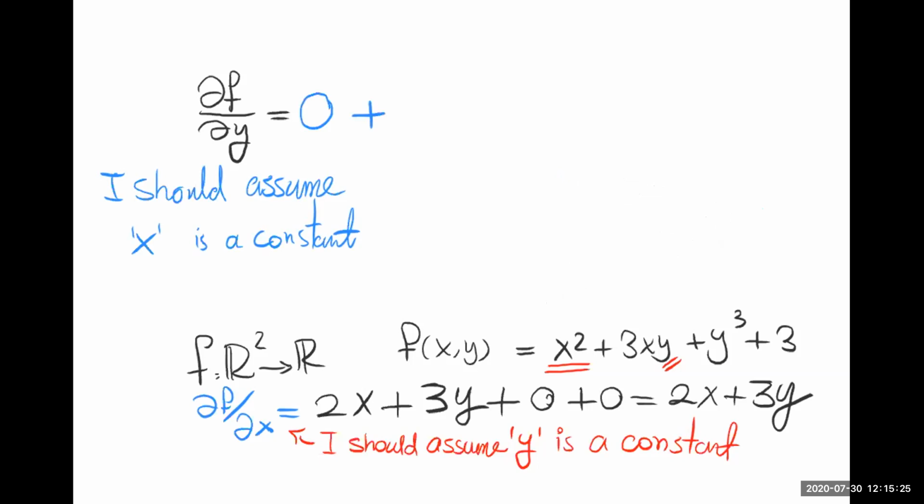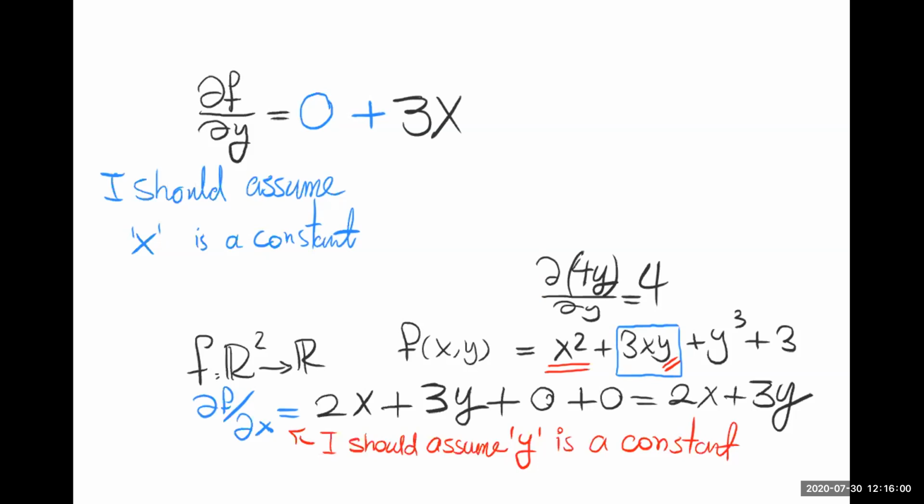What about 3xy? I'm taking the derivative with respect to y. For example, the derivative of 4y with respect to y would be the constant number I'm multiplying y with, just 4. Here, the derivative of 3xy with respect to y is the constant number I am multiplying y with, which is 3x, since x is also a constant number.